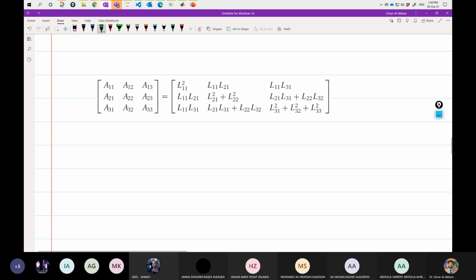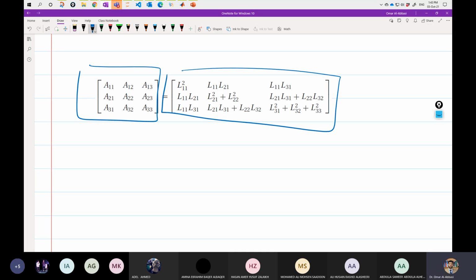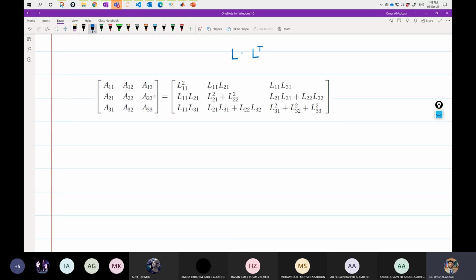So as we have seen, matrix A equals L times L transpose, and we know how to write L, we know how to write L transpose, we know how to multiply them. So we can say the following. L11 squared equals A11.